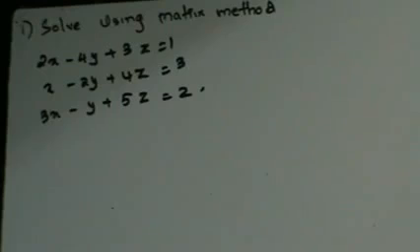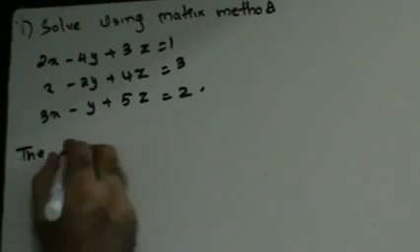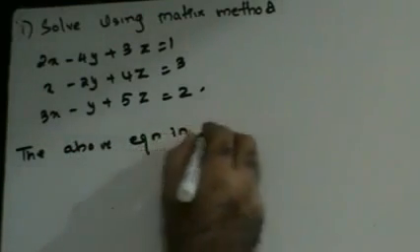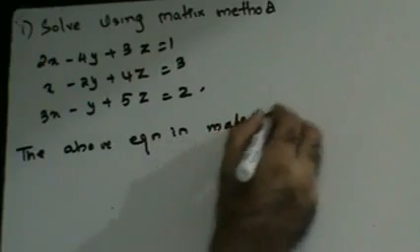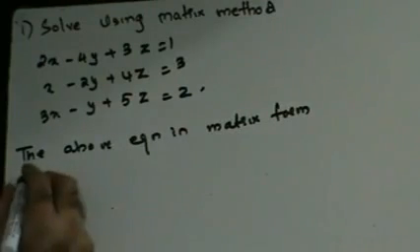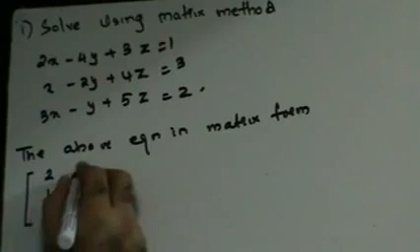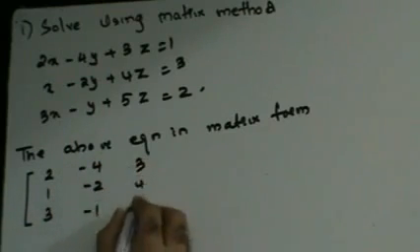The first thing you need to do is convert this into matrix form. I can say that the above equation in matrix form is: 2, 1, 3, minus 4, minus 2, minus 1, 3, 4, 5.